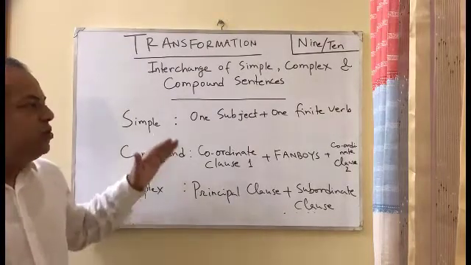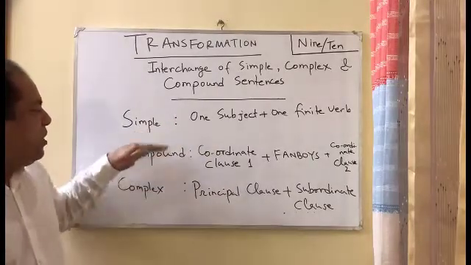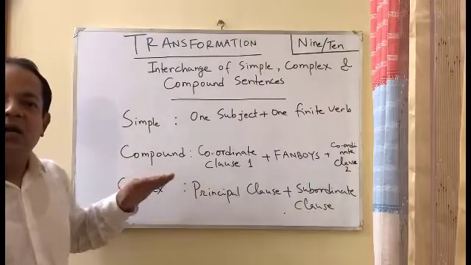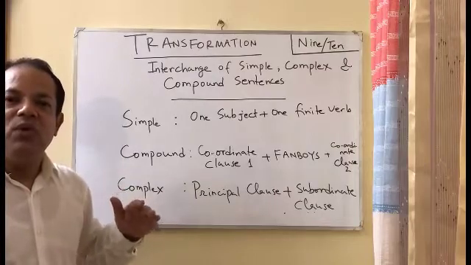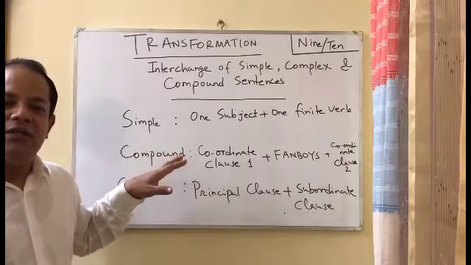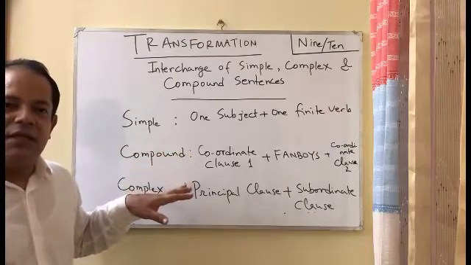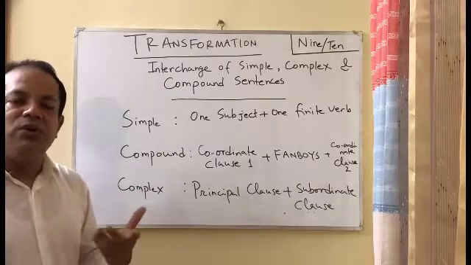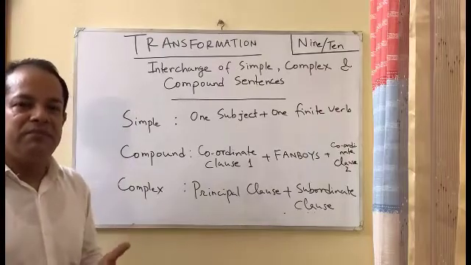Okay, so you see that these three sentences, that means simple, compound and complex sentences, they are quite different from each other. And if you just have the knowledge about the structures of these three sentences, that is how they are structured or how they are formed, it will be easy for you to change one from another.